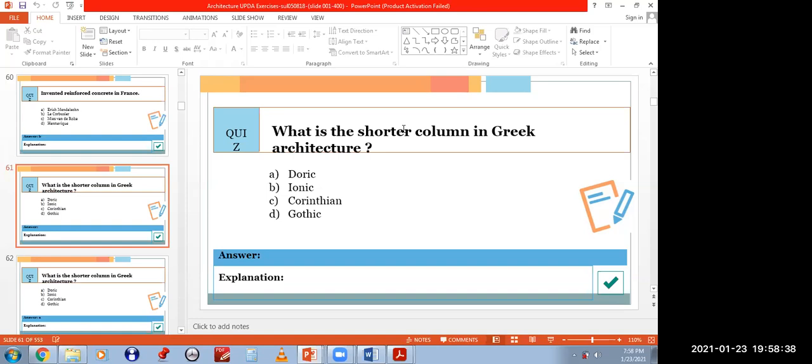Good. How would you describe the stylobate? You said earlier it's like the plinth. Yes, it's like the plinth. And how would you describe the stereobate? It's like the foundation. Okay.